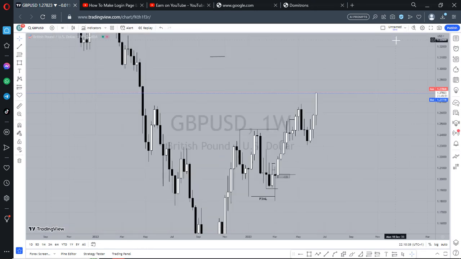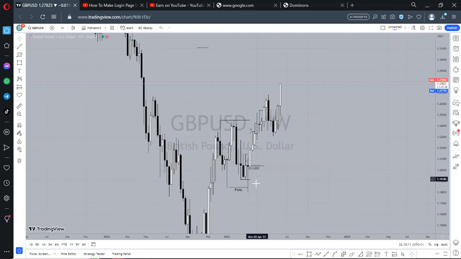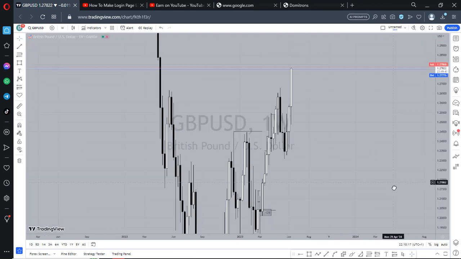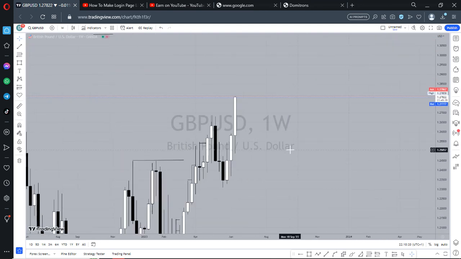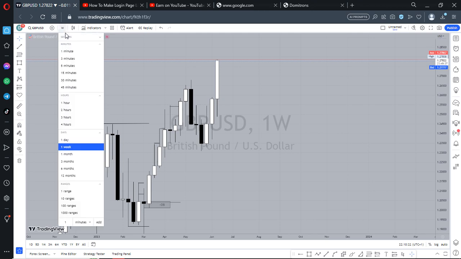We are not having a stop hunt at the high. So this is a higher high, higher low, higher high, higher low. So that means we're expecting a higher high. That's the reason why I said we are not going to be looking for sales on GBP USD.